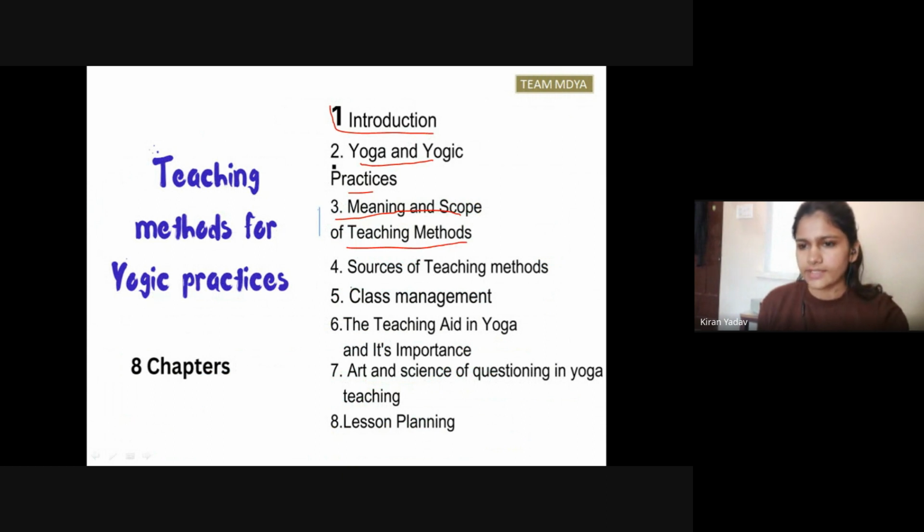Fourth chapter is Sources of Teaching Methods. Fifth chapter is Class Management. Sixth is the teaching aid in yoga and its importance. What teaching aids we use in yoga? This chapter is all about that. Seventh chapter is Art and Science of Questioning in Yoga Teaching. And the last, 8th chapter, is Lesson Planning.